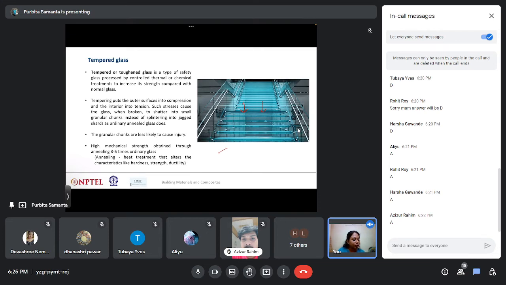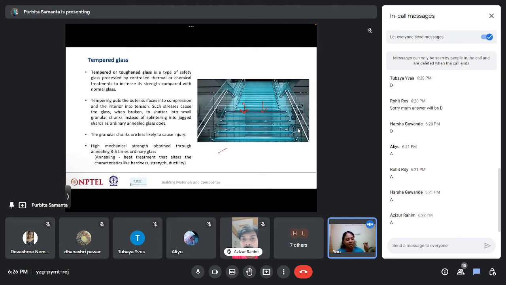And also, if you look into how this tempering happens, when this glass is tempered, the outer surface goes into compression and the interior into tension. But since this tempered glass is made at such a high temperature, this annealing process happens, and it gets mechanical strength which is more than any ordinary glass.